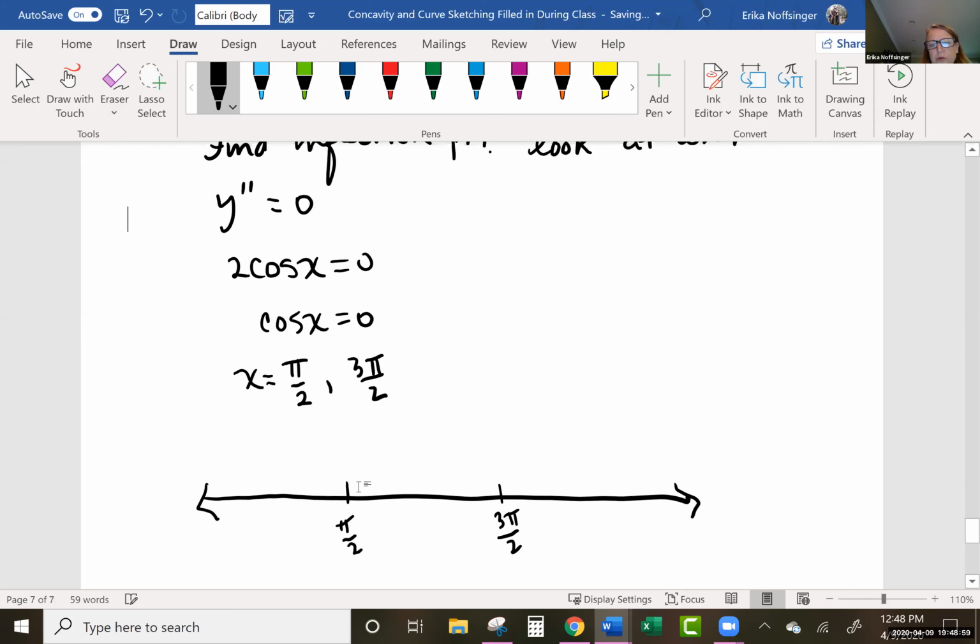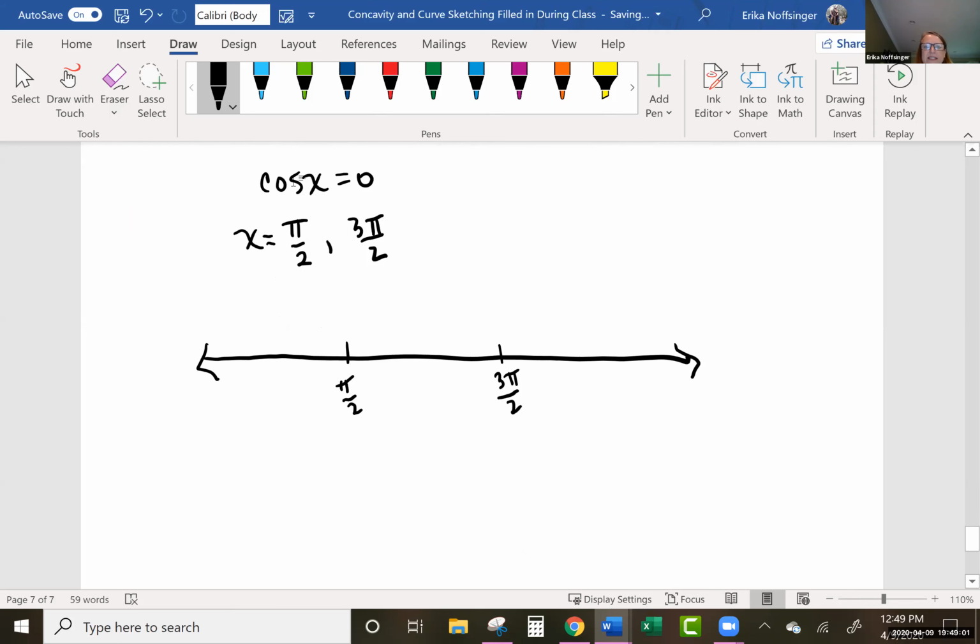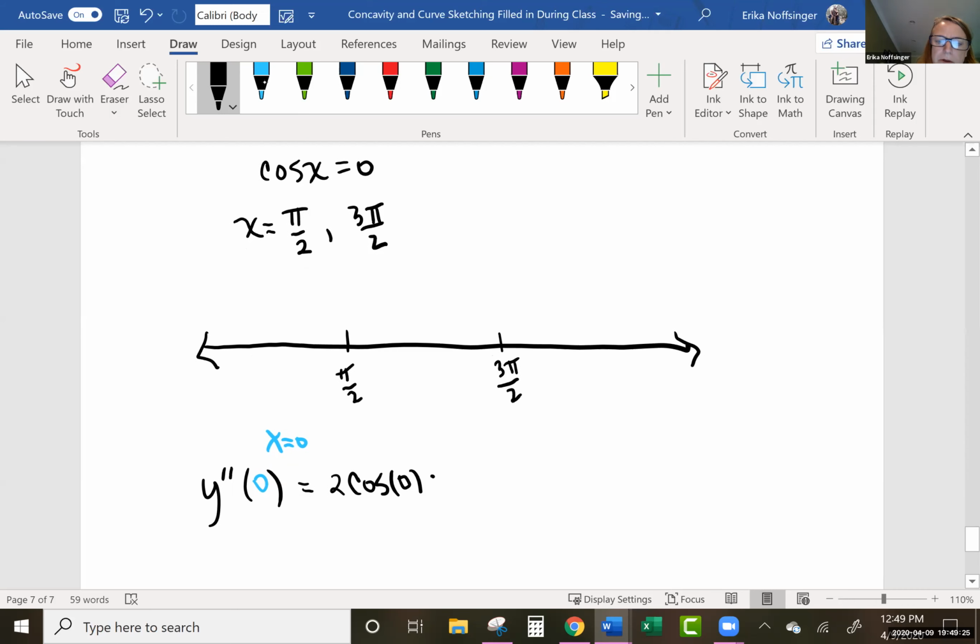If I plug in 0 into my second derivative, that would equal 2 times cosine of 0, which is 1. So this is equal to 2, which is greater than 0.